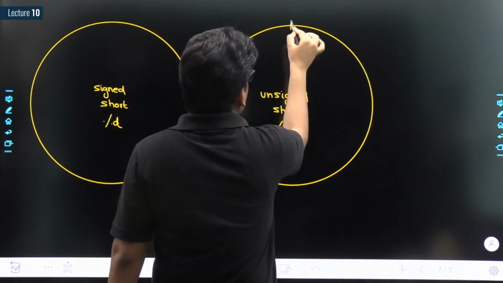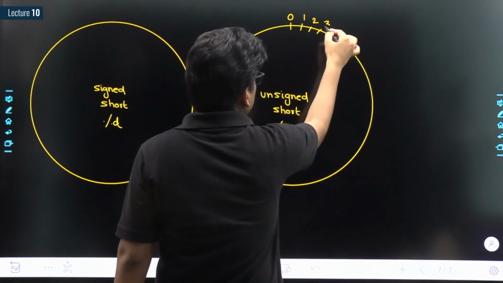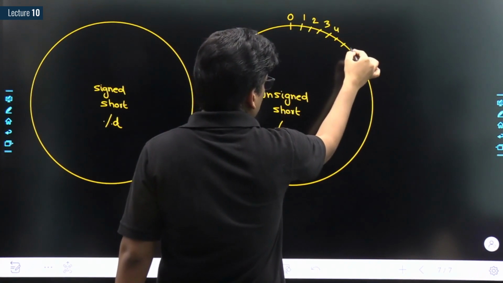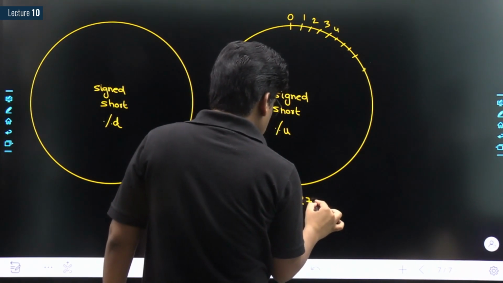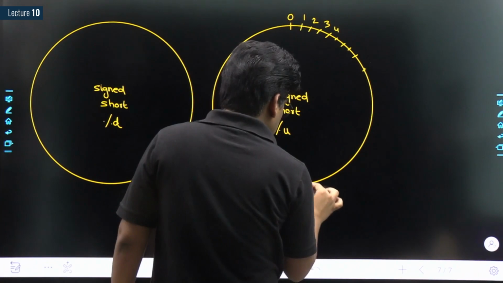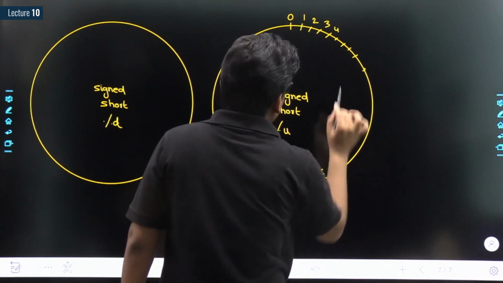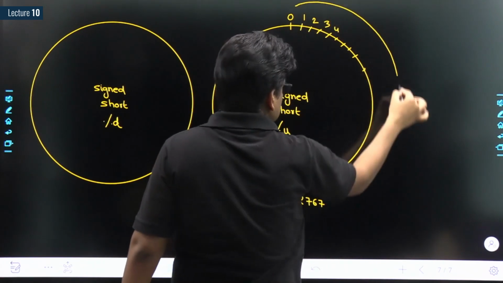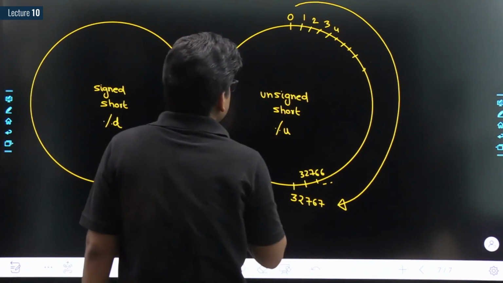Sir, for this circle it starts with 0, then 1, then 2, then 3, then 4 and so on like this. Here comes 32767. Here comes 32766 and so on. Okay. Sir, as everything is positive, we will move in this direction.